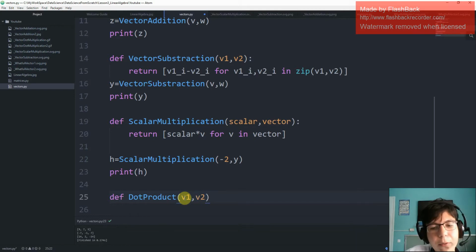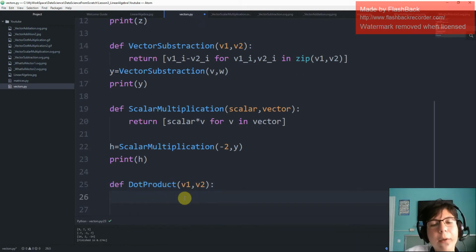v1, v2. The dot product is going to be the product between two vectors, and the result written in mathematical form will be the following.